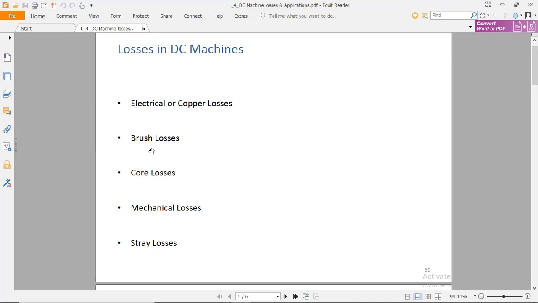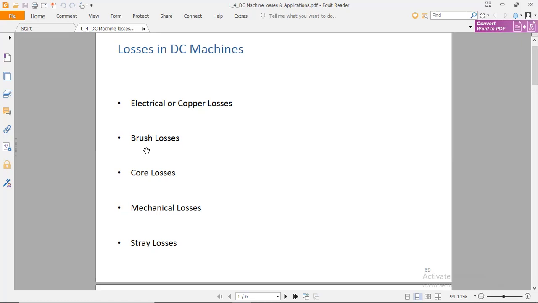Brush losses can be produced in the brush. We minimize the brush loss by making a good quality brush. Like the brush is made of two categories of carbon. That is, I think, one is carbon, and another I forgot the material.